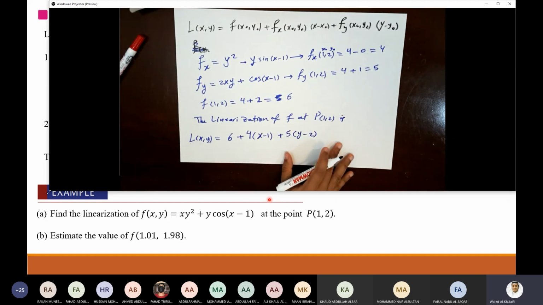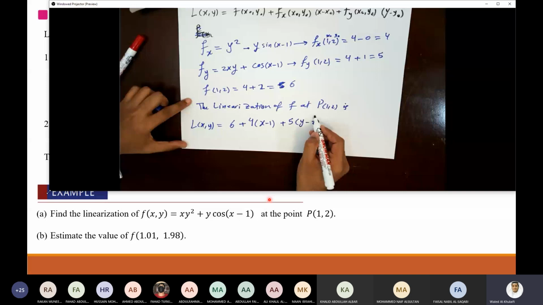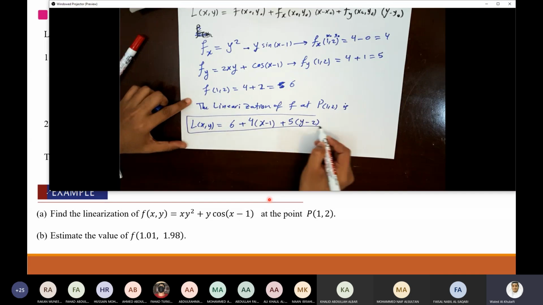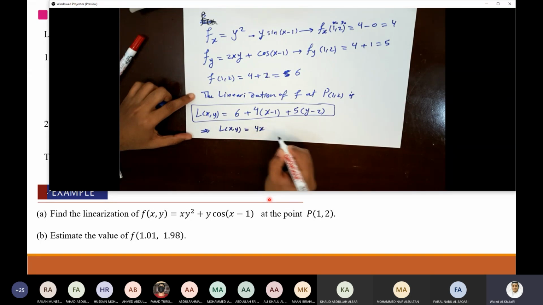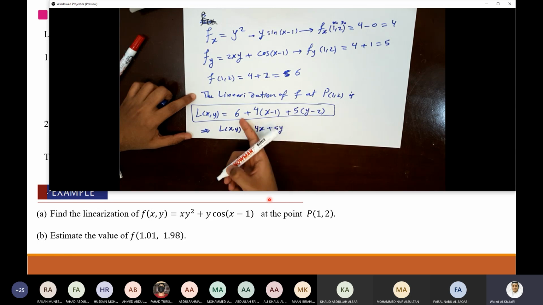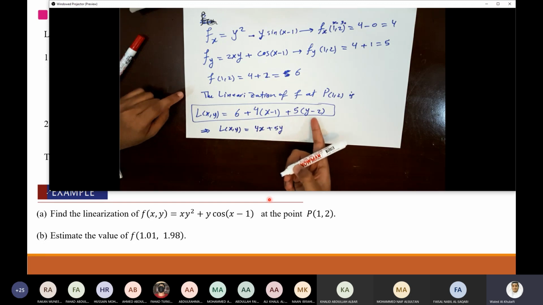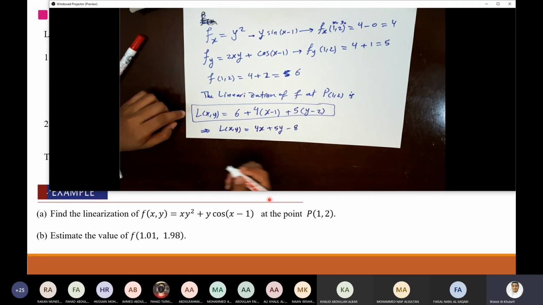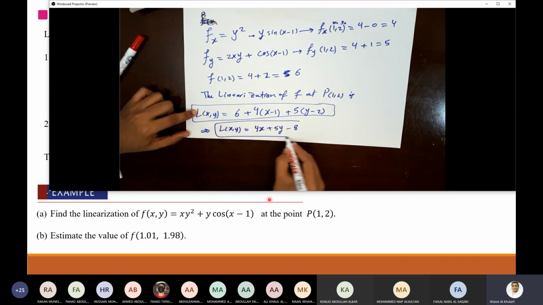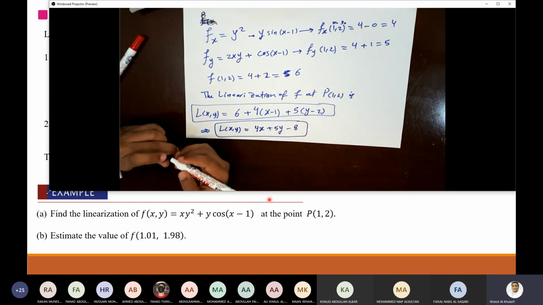This is what we need. But we can simplify it more: this is 4x plus 5y, and then you have negative 4 and 6, you get 2, and negative 10, so you have negative 8. You can have this version, but I prefer this version here.